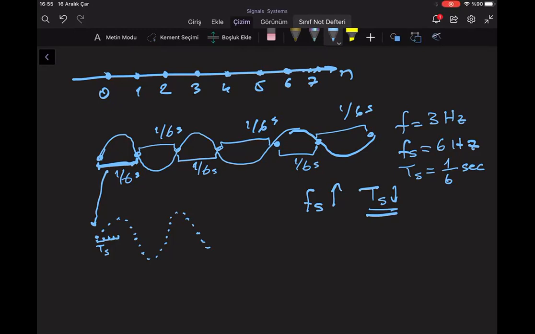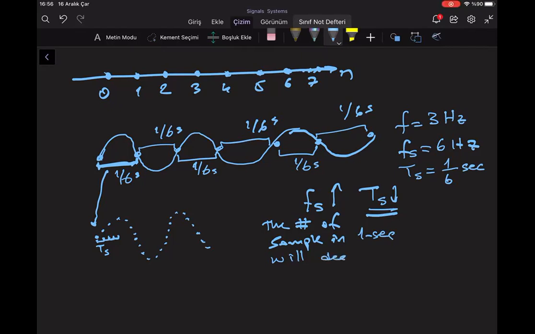So decreasing the sampling period means the difference between two samples will be smaller than it was before. If I decrease this TS, that means the number of samples in 1 second will increase or decrease.